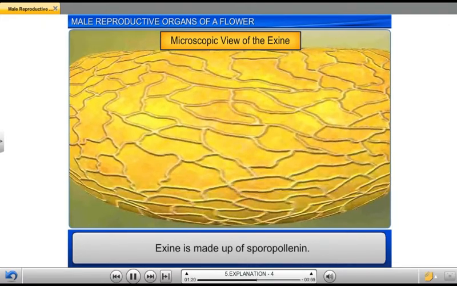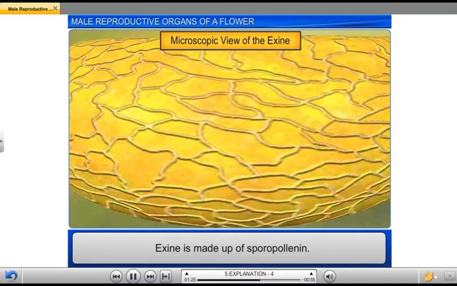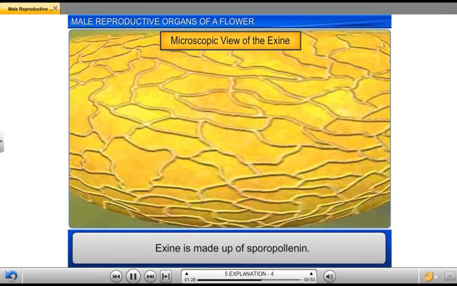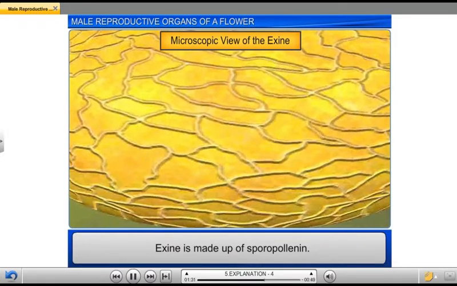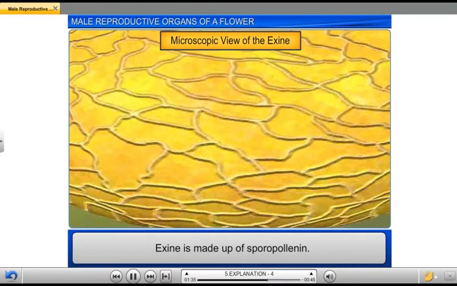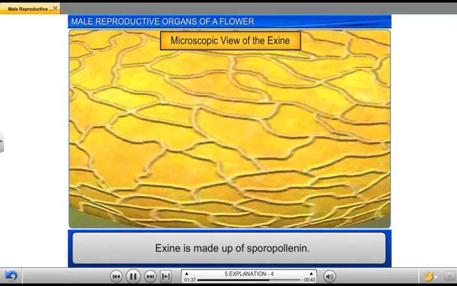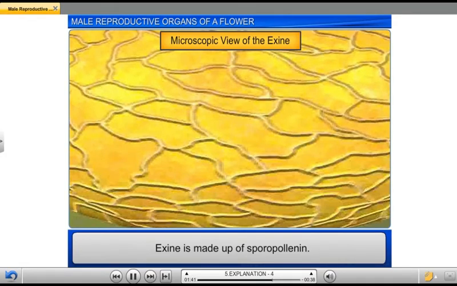Exine, the hard outer layer, is made up of sporopollenin, a tough organic material capable of resisting high temperatures and strong acids, alkalis, and all natural enzymes. Hence, pollen can be well preserved as fossils.